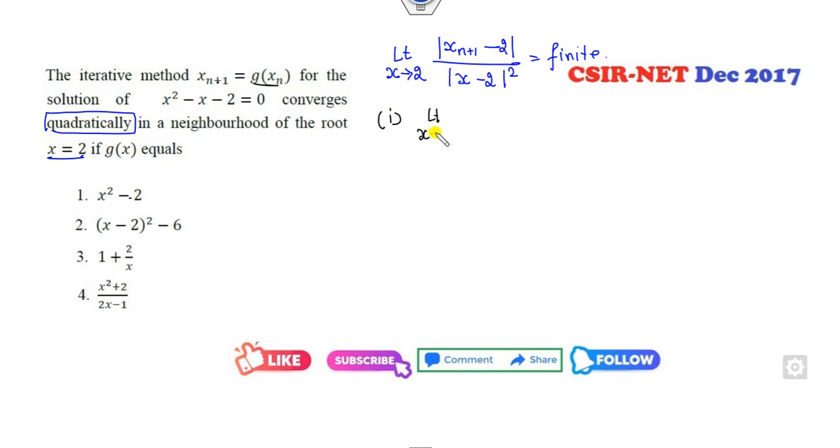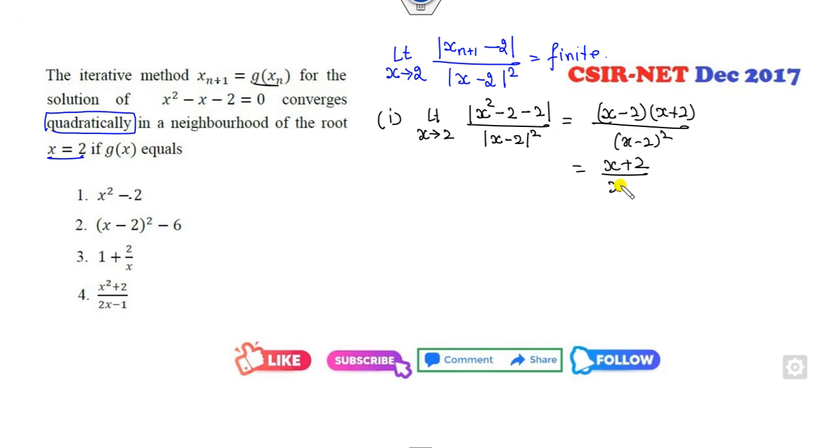So if I look at the first option, then this will be x square minus 2 divided by x minus 2 whole square. So it will be x square minus 4, so x minus 2 times x plus 2 divided by x minus 2 square. That will be x plus 2 over x minus 2, as x approaches 2, which is infinity, but we need a finite answer.